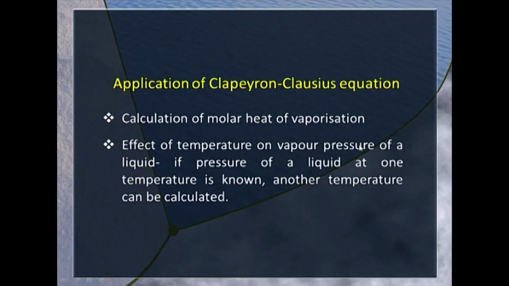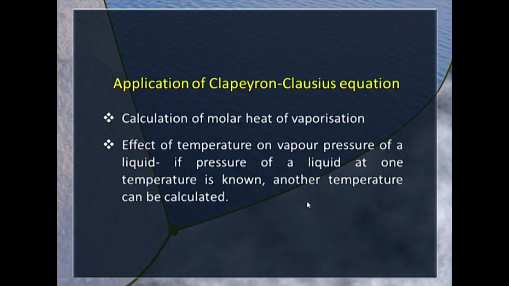If you look at the applications of the Clapeyron-Clausius equation, the first application is the calculation of molar heat of vaporization, and if the pressures are known, we are in a position to get the temperature and vice versa. If the temperatures are known, the pressure can be calculated using the integrated form of the Clapeyron-Clausius equation.